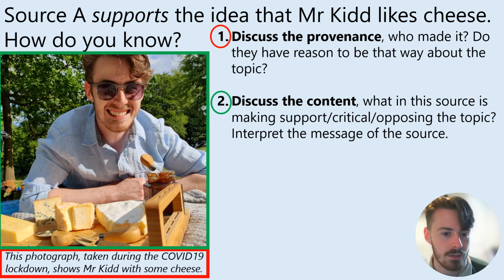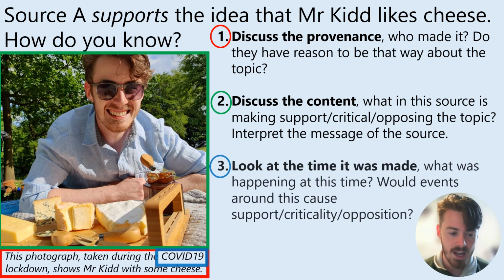The other one, though, is time. And you might not think this is very useful, but you are learning constantly different parts of historical fact from different time periods, so you probably will know that people feel different about different topics depending on the time they're made. To use some examples for interwar years, people are going to feel very differently about the League of Nations in 1920 compared to the League of Nations in the 1930s when they are failing with the Manchurian crisis.